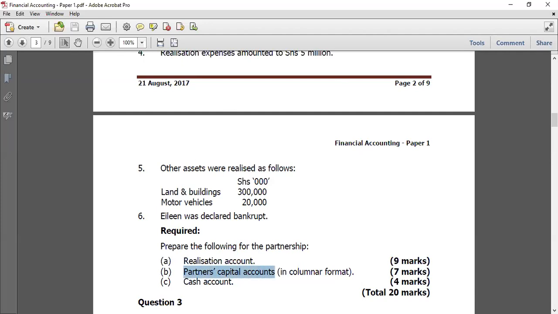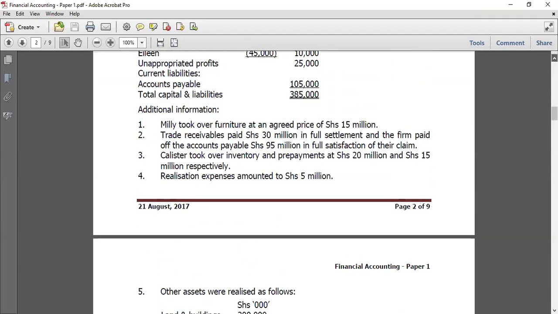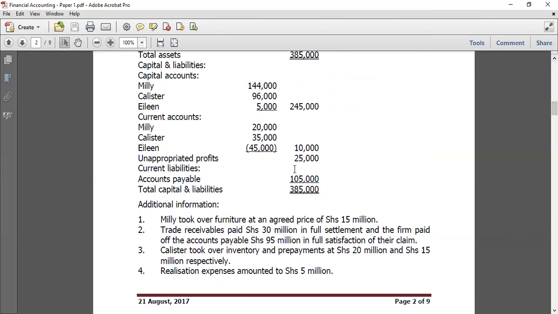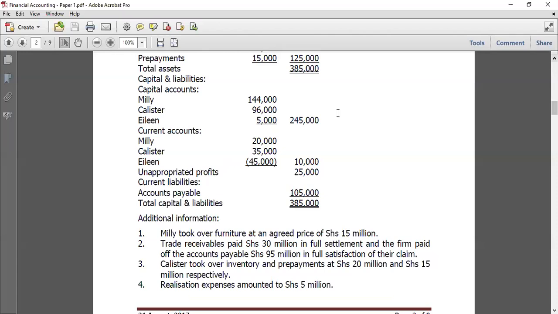As you can see here, we have the capital account, and we also have the current account. When you're trying to effect what has happened in the dissolution of partnerships, you must take both of these into consideration.